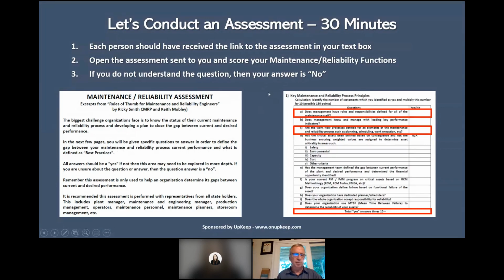So I'm going to count the time. You've got 30 minutes. If you're finished sooner, just text Heather and let her know, or once 30 minutes is up, whichever comes first. Take your time. Like I say, if you don't know whether the answer is yes or no, then it's no. If you're uncertain, you want to be 100% positive where you are in it.